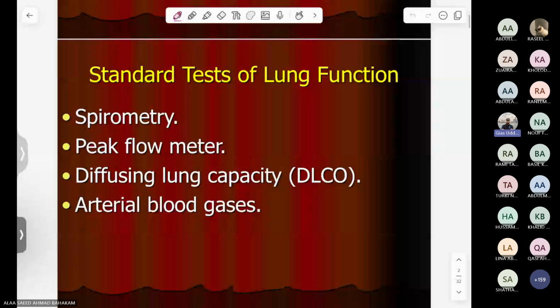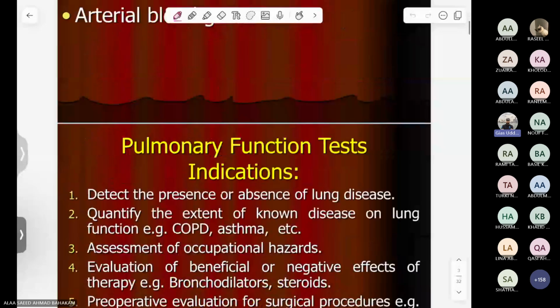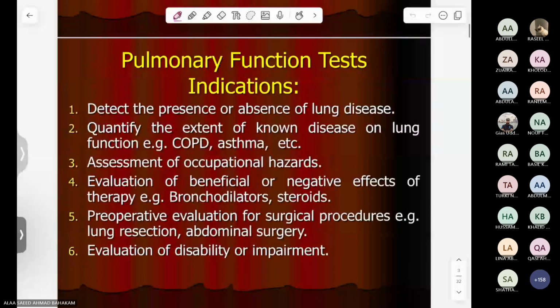One is spirometry, then peak flow meter, diffusing lung capacity, and arterial blood gases. These 4 things. But in the lab on Tuesday, inshallah, we'll be doing only the top two, the spirometry and the peak flow meter.